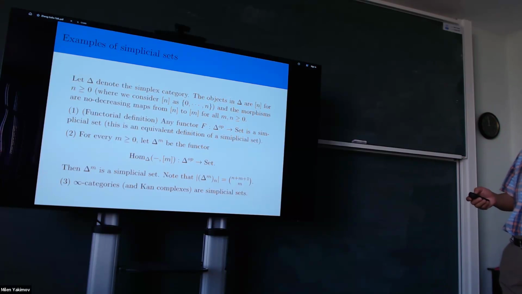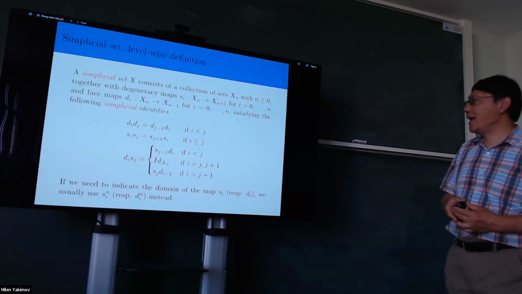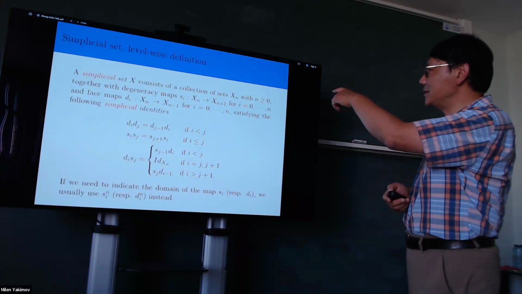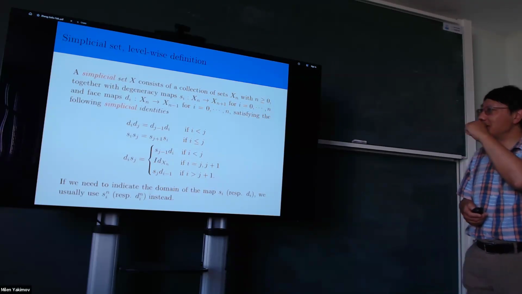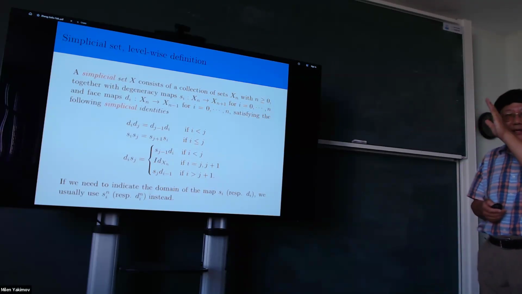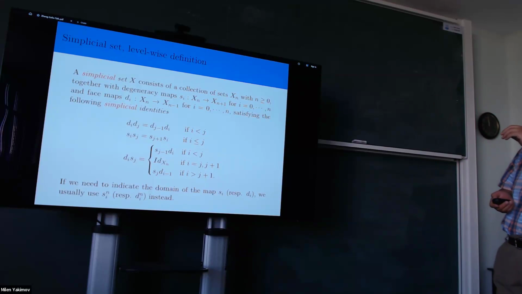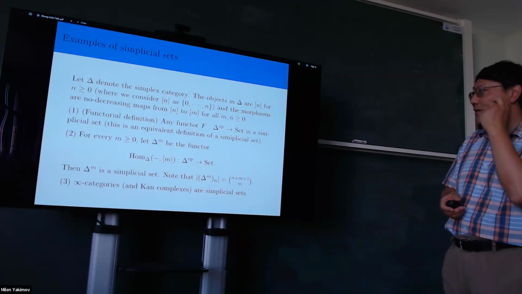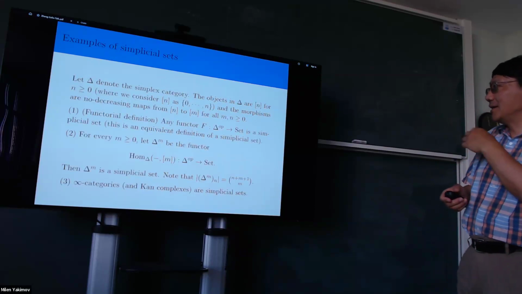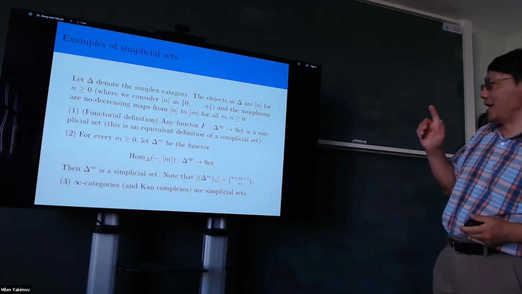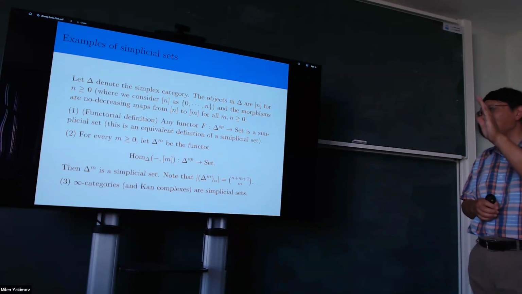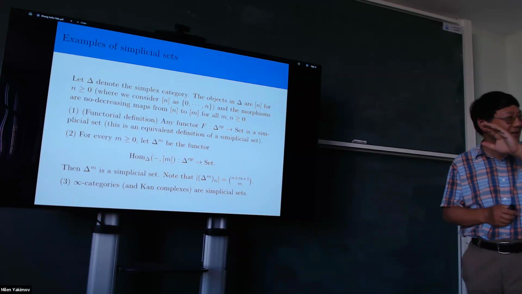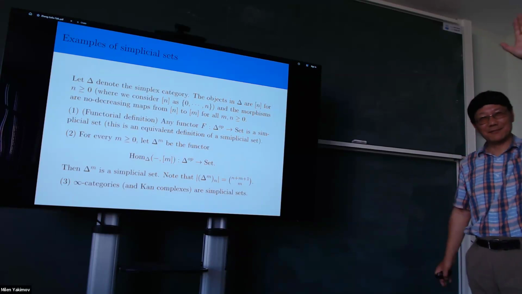Let me tell you how to get the Xn. In the first definition, X consists of the Xn. But in the second definition, it is a functor. So basically, I write F to be X, and Xn is F applied to n. Then you have a bunch of sets.